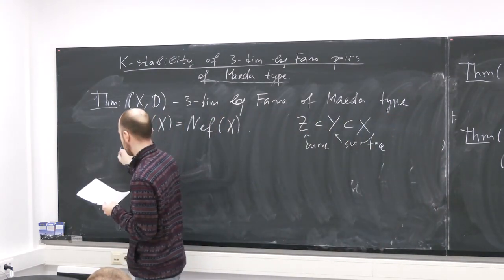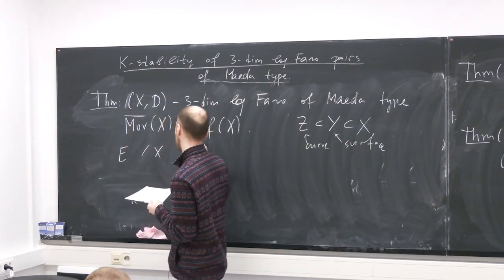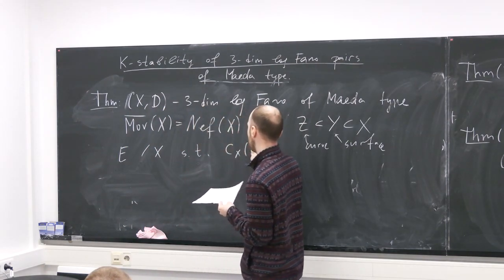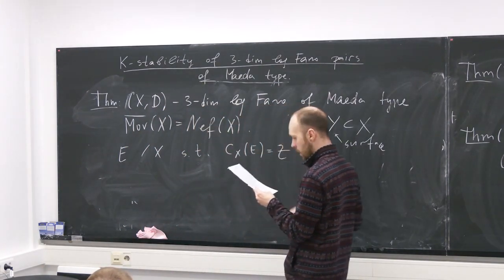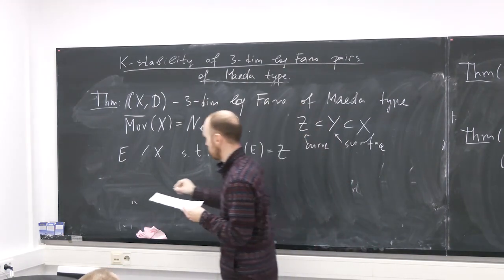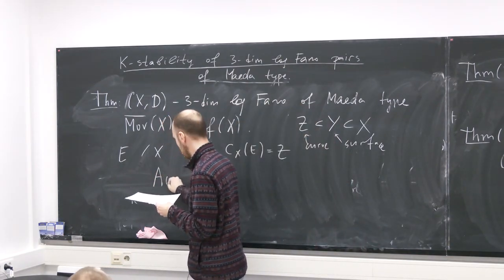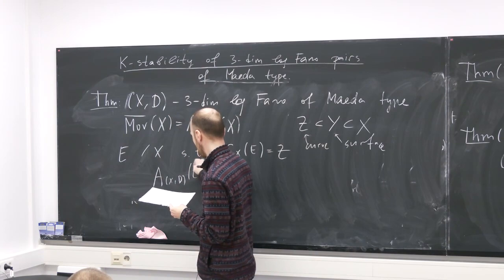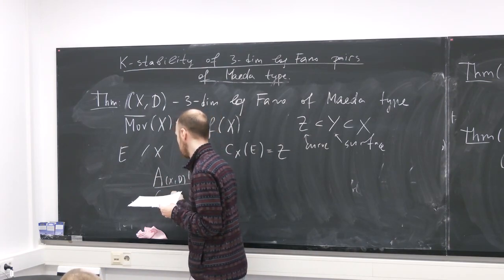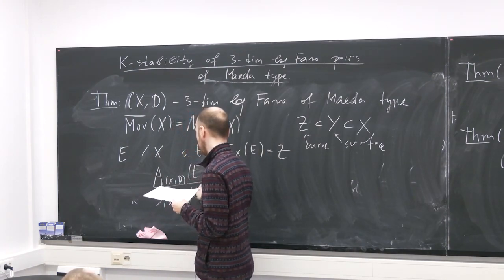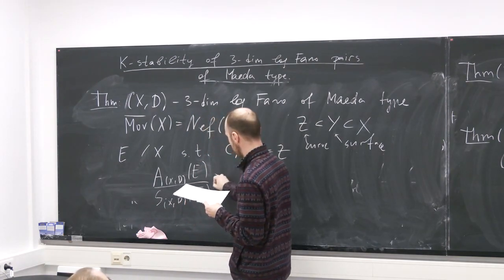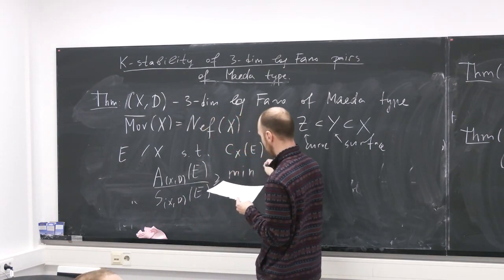And assume that we have a divisor E over X such that the center of E on X is a curve Z. Then we can explicitly bound this ratio of A over S. It can be explicitly bounded by the following two numbers.